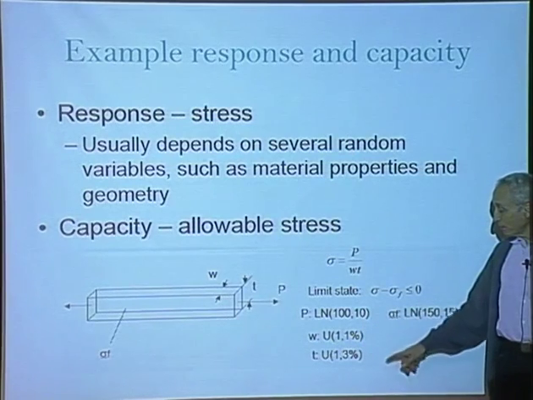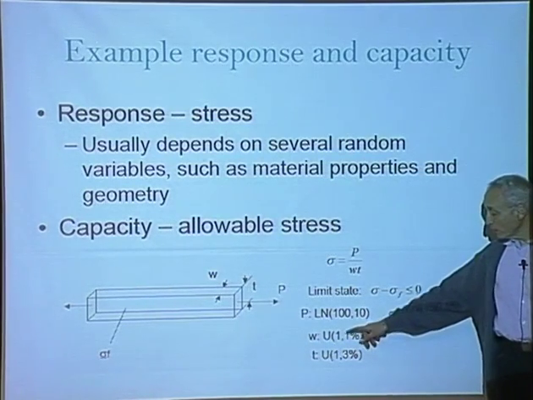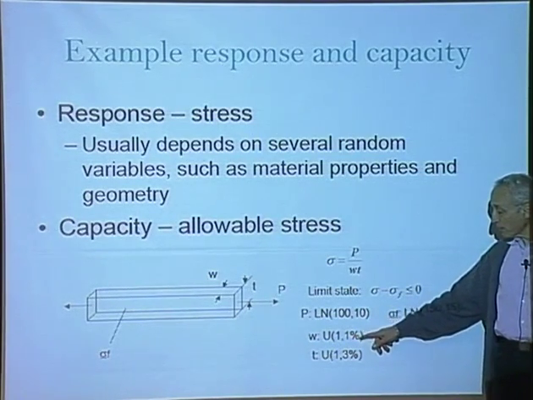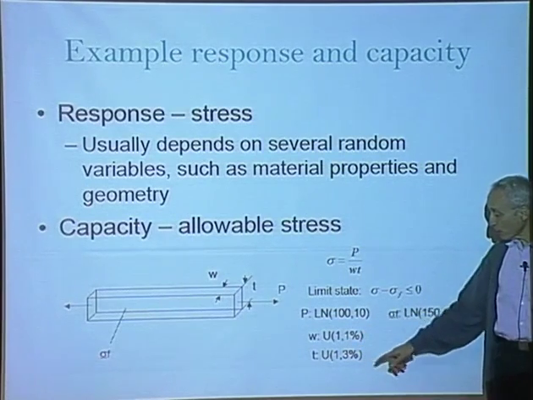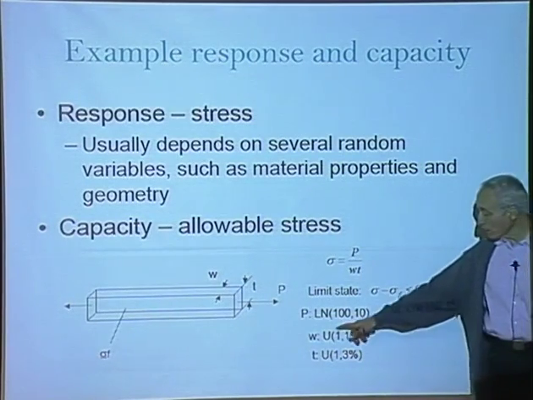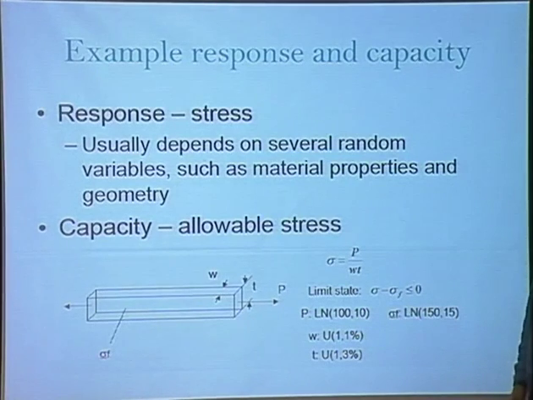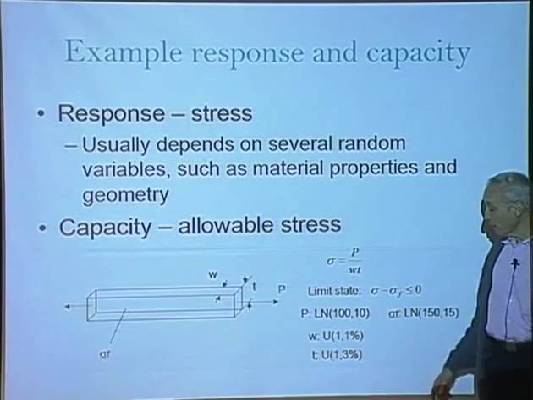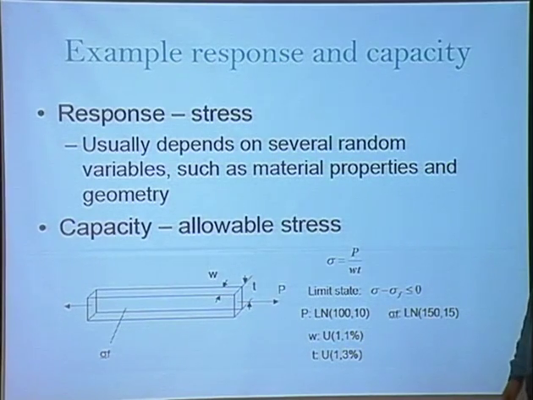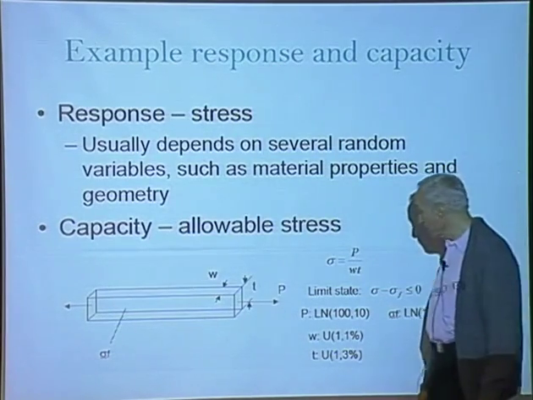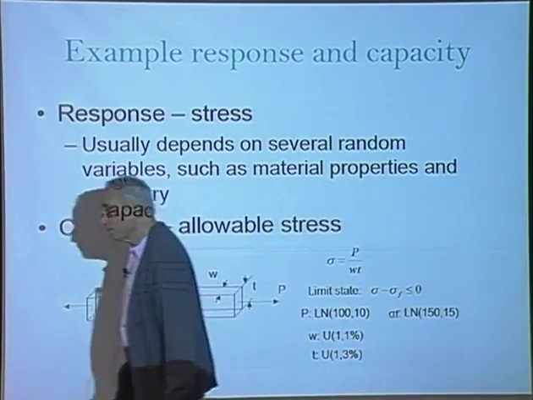The width could be 1 with a 1% coefficient of variation, a 1% range with a uniform distribution. That means it will change between 0.99 and 1.01, and the thickness may change between 0.97 and 1.03.